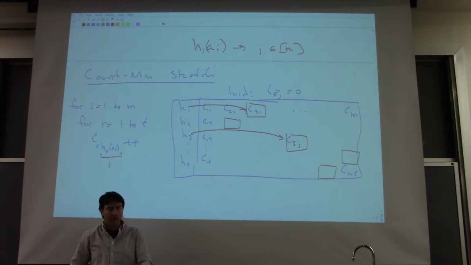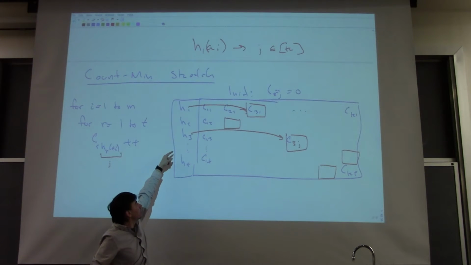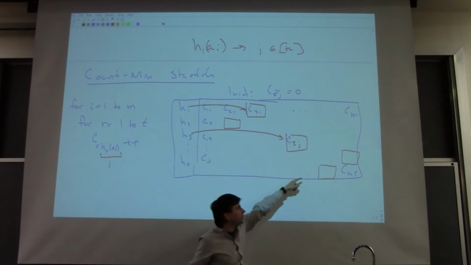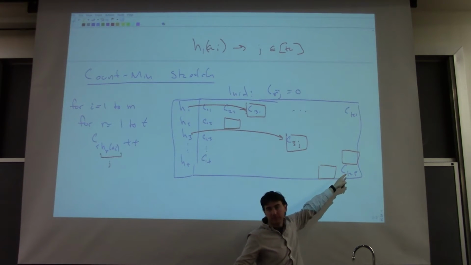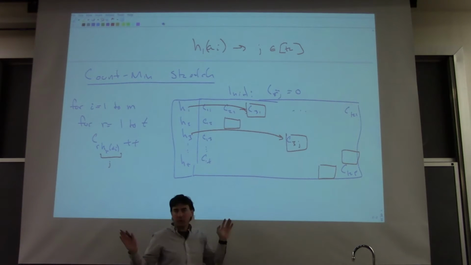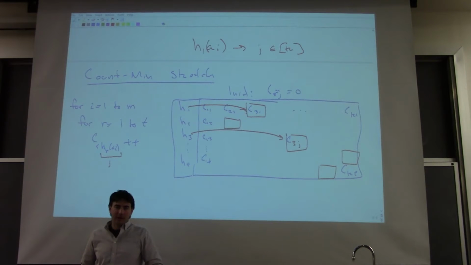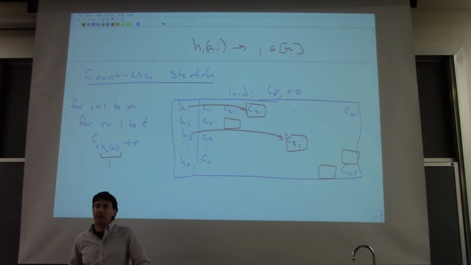That's it. Every time something comes in, for each of the hash functions, I find the counter associated with it and I increment it. That's the whole data structure. I don't have to worry about running out of counters, and I don't have these if conditions. I just increment the counters that I've hashed to.